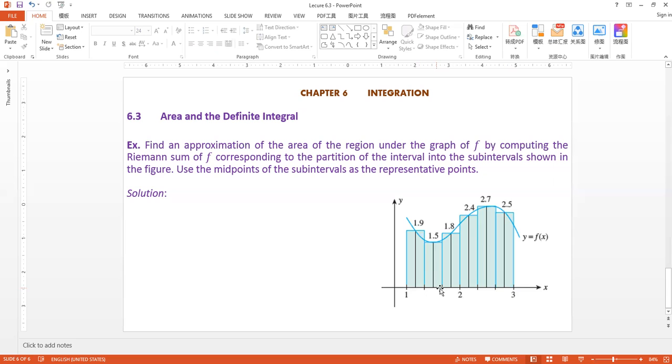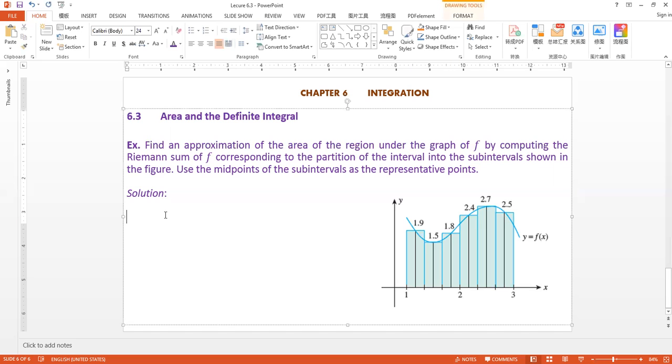We have 6: 1, 2, 3, 4, 5, 6. We divide the interval from 1 to 3 into 6 equal subintervals, so what is the width of each subinterval?